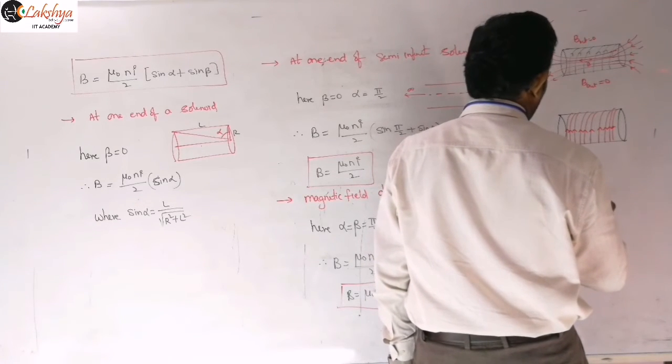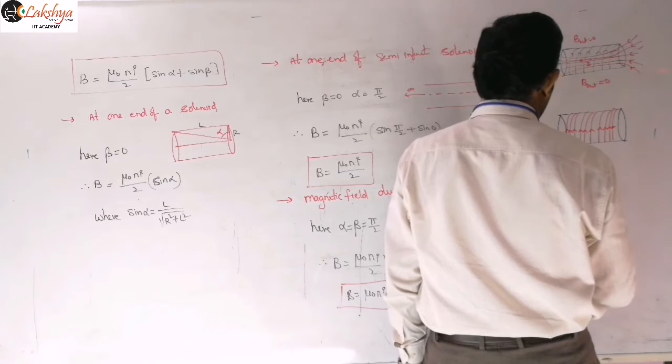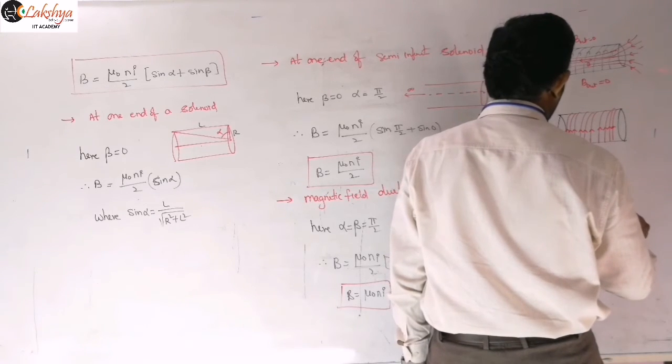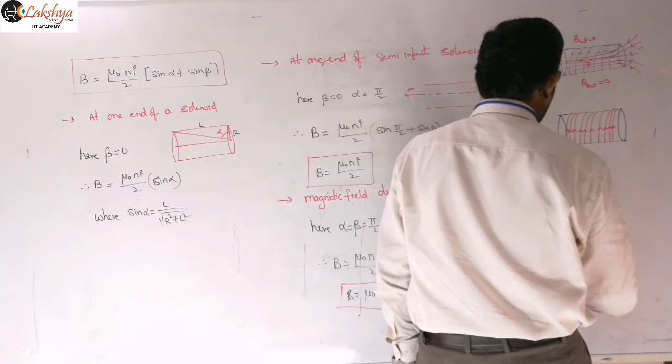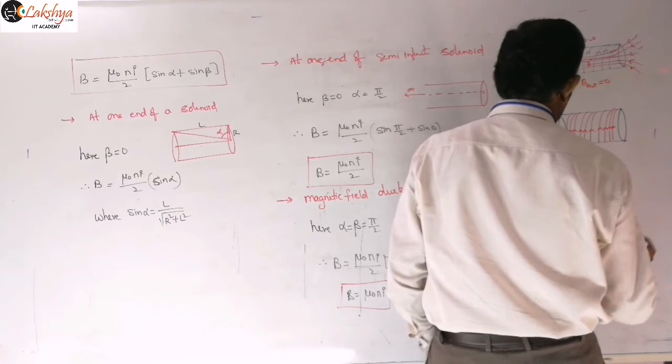But here mu r is equal to mu by mu naught, so you can write that mu is equal to mu naught into mu r. Therefore this B is equal to mu naught into mu r into Ni.